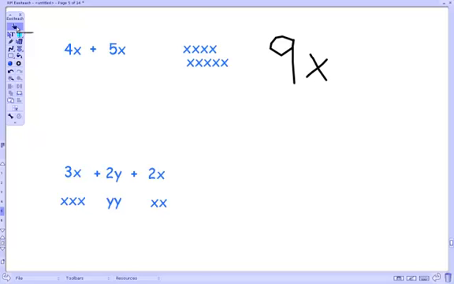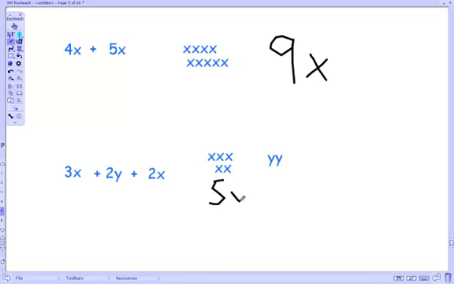And down here, what goes together down here? So the x's. What else? The y's go with it? No, so they'd have to kind of be by themselves. So how would we say this?